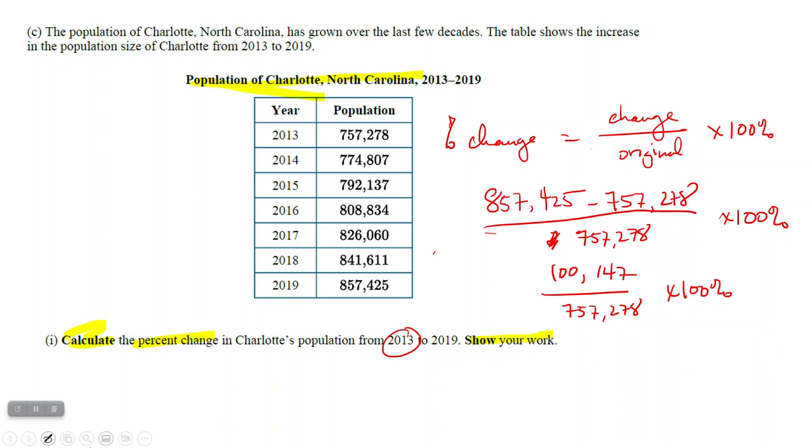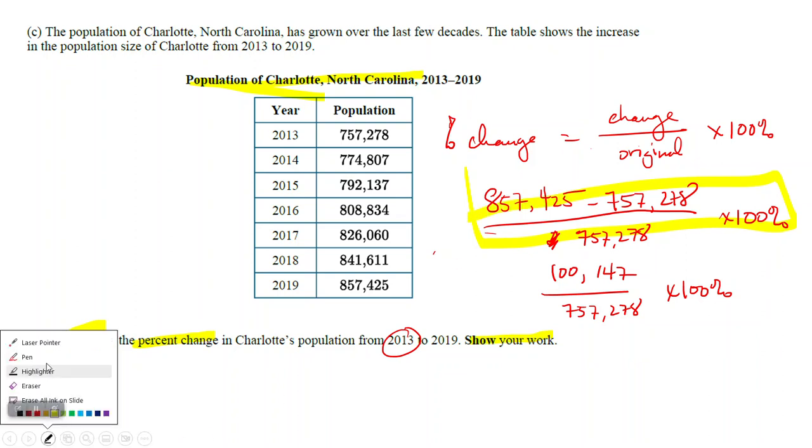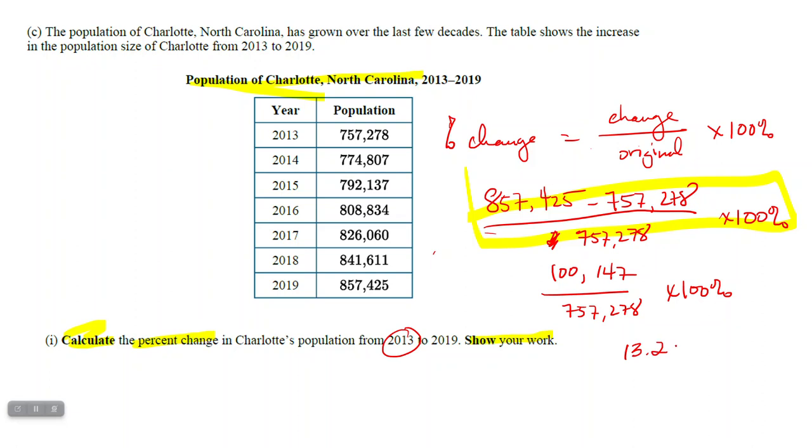Now, also keep in mind that you don't have to put every single step that I'm putting. You could probably put this and then your answer, and you would be done. But I put extra stuff in because I'm explaining and I don't want people to get lost. And then your final answer is going to be about 13.2%. But as I've said in the past, they tend to accept ranges, so you could probably get away with rounding to 13%.